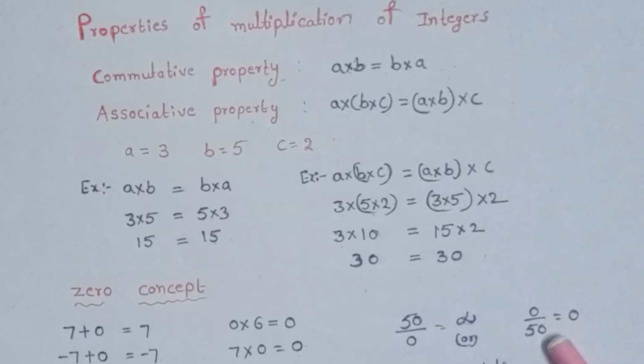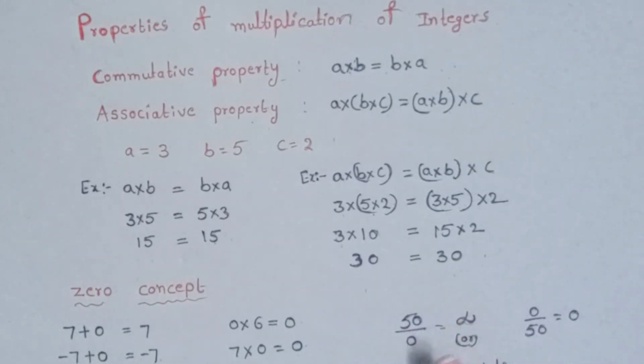Here 0 by 50 or 0 by anything is equal to 0. 0 by any number is equal to 0. So you identify this difference here, because a lot of members are confused here. 50 by 0, 0 by 50.